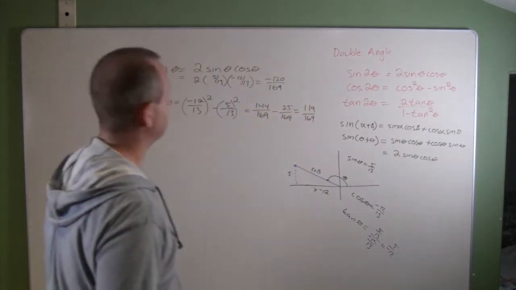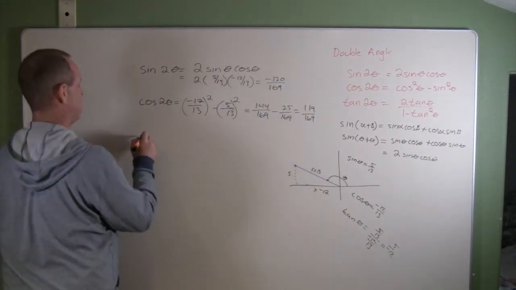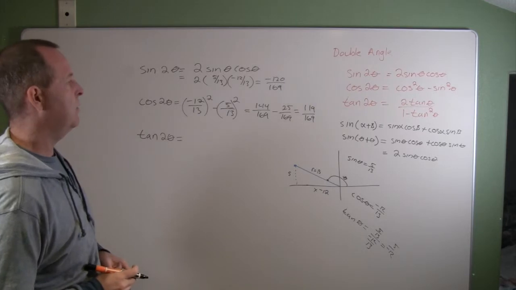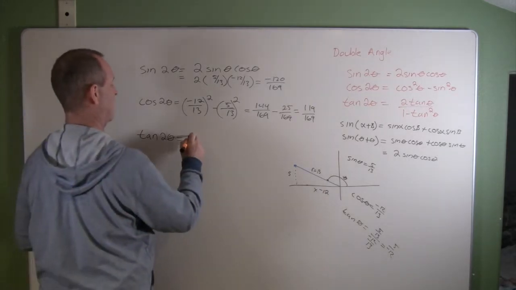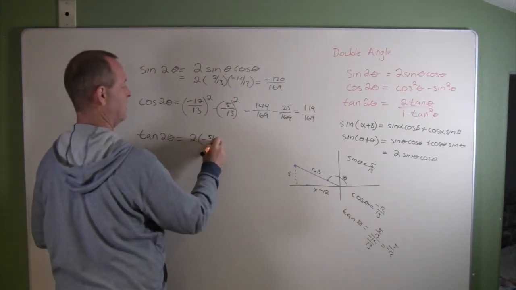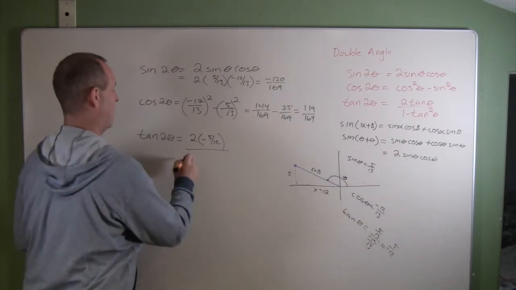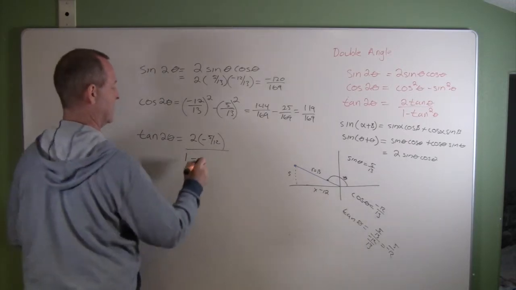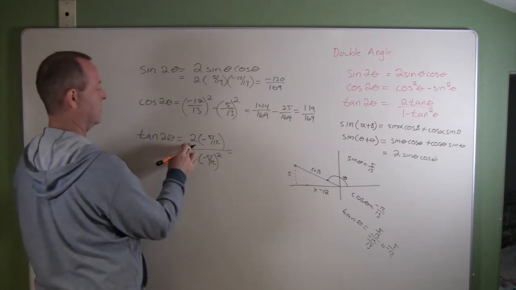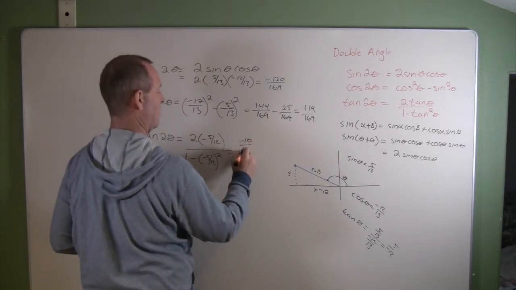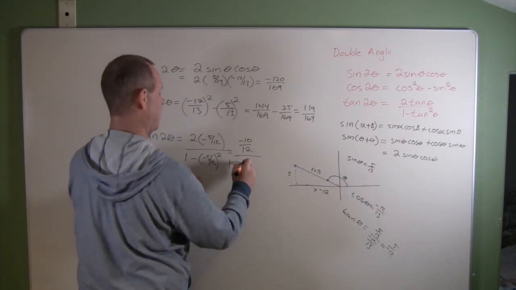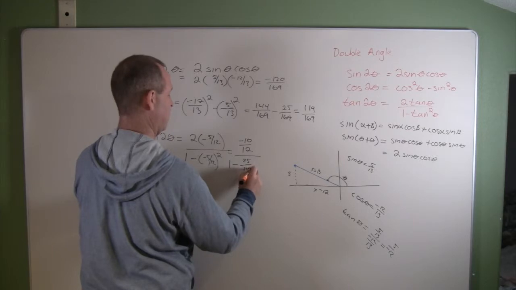And the next one that we're going to look at is the tangent of 2 theta. Tangent of 2 theta we discovered is 2 times the tangent of theta over 1 minus the square of that tangent. We found the tangent of theta was minus 5/12. Let's work that out. So 2 times negative 5 gives me a negative 10 over 12. 1 minus the square gives me 25 over 144.